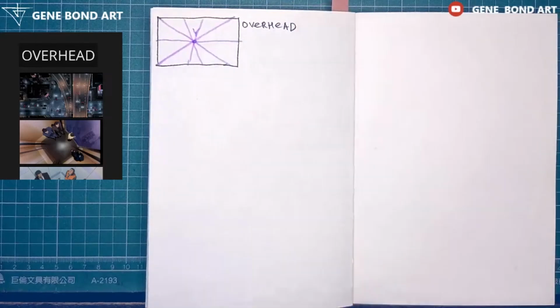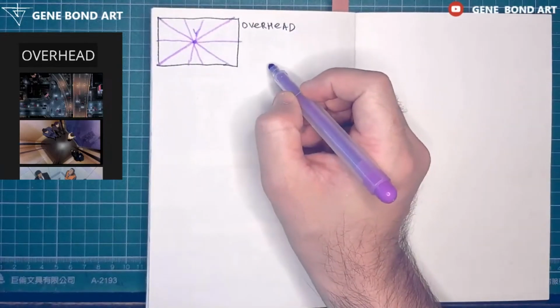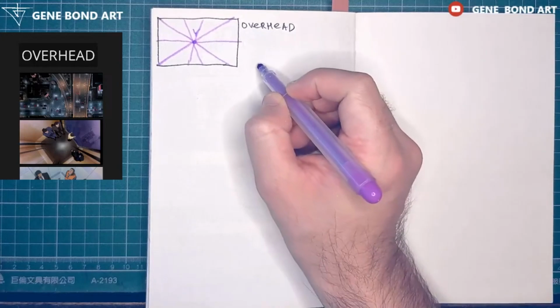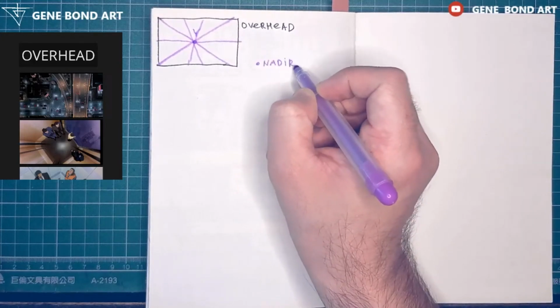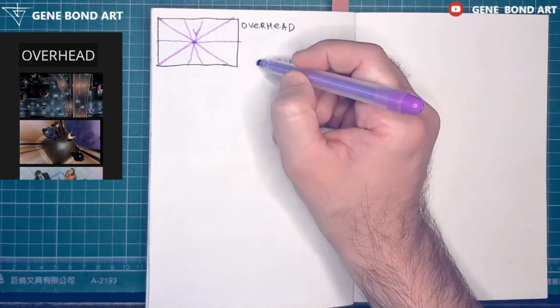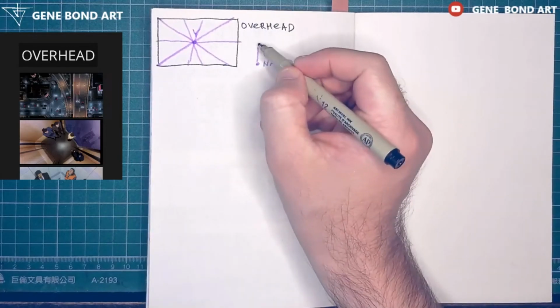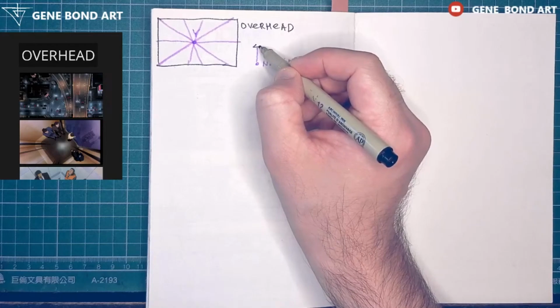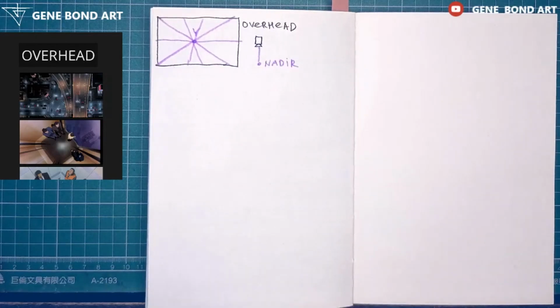Vertical lines converge in the vanishing point, and this vanishing point is also called the nadir. It's right below the camera. If the camera stands here and looks right below itself, it will see this vanishing point for the y-axis, or vertical lines.